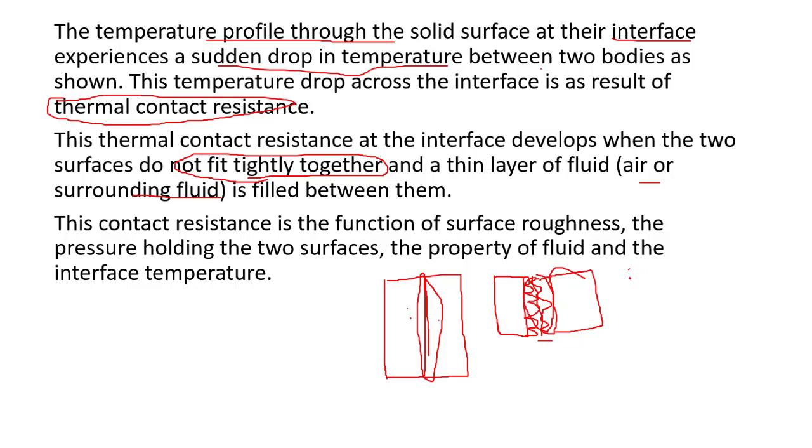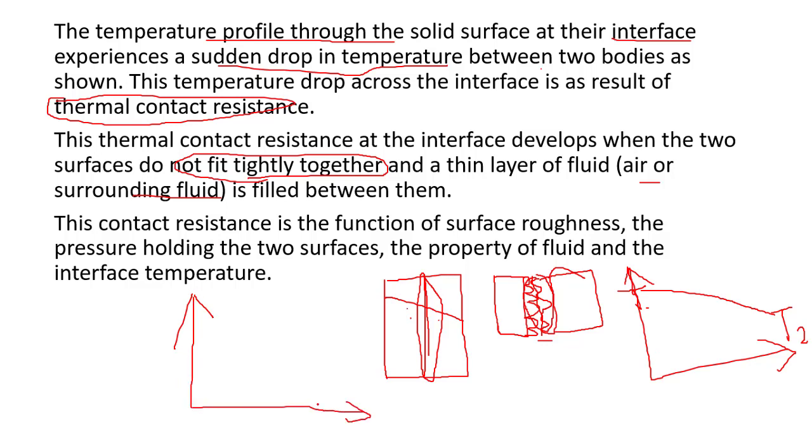So if we draw a temperature profile for this composite wall, if there is no drop, we can easily find that the temperature is T1 here and T2 here. We can draw it this way also, but due to contact resistance our profile becomes like this.